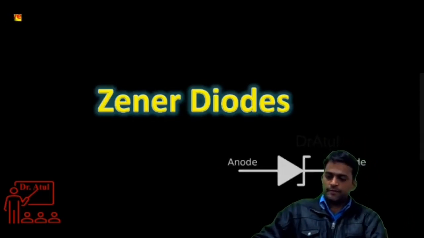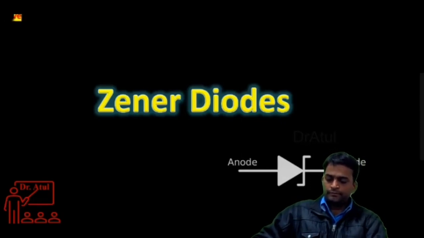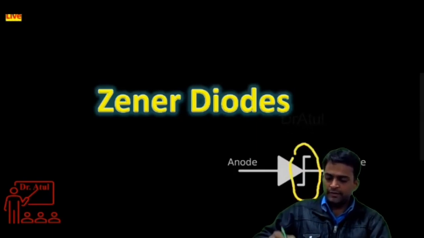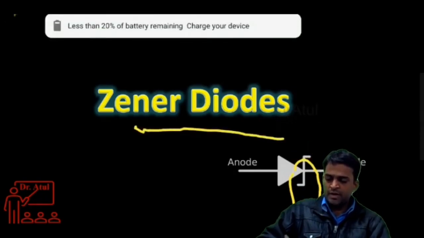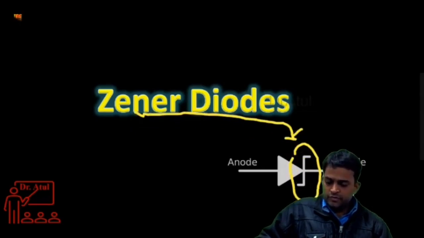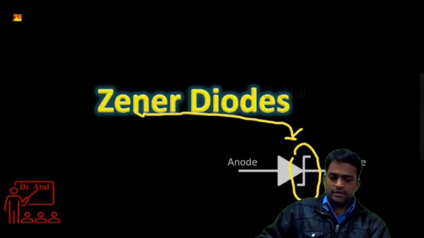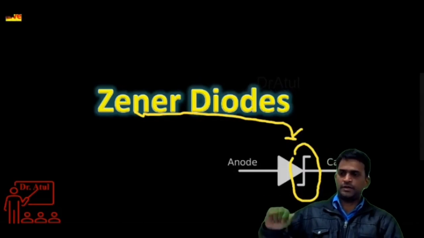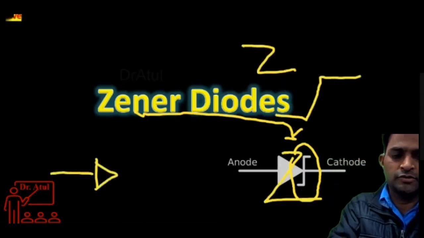This is the symbol of the diode. The symbol is similar to the normal diode, but the difference is this Z symbol here. This Z symbol is because of the word Zener, and the Z can also be drawn like this.